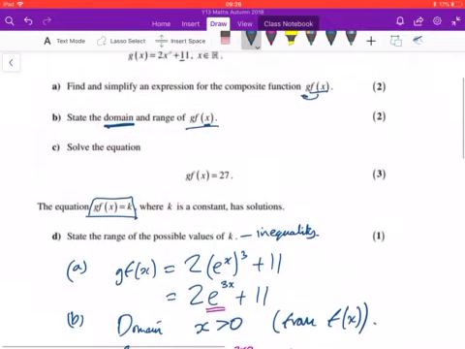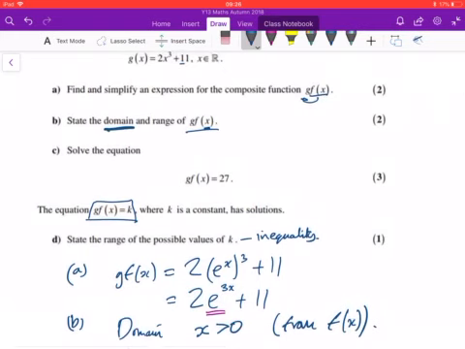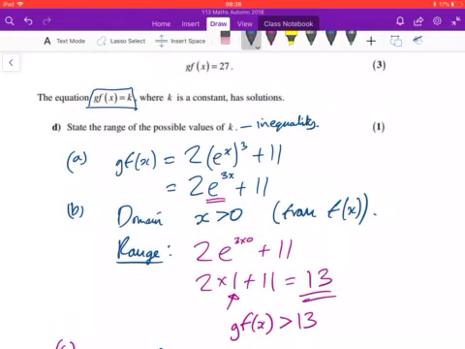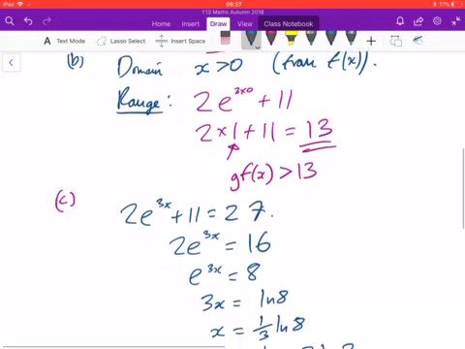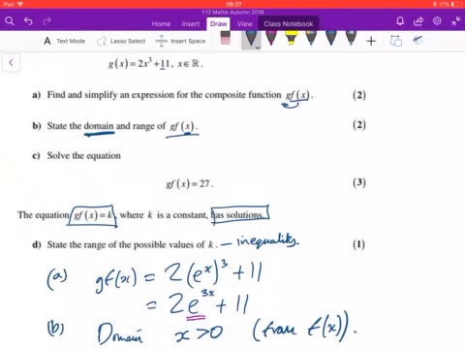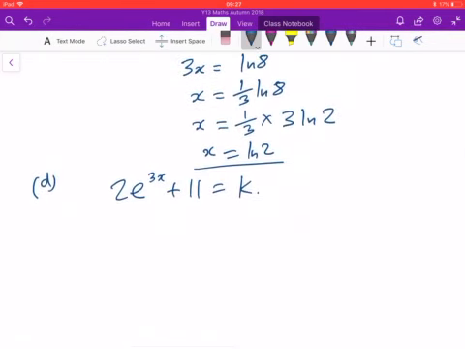I think this is the same as the range of g of x, although k is a constant. So I think the key in here is this has solutions. So if we solve it, we know that there's going to be solutions.